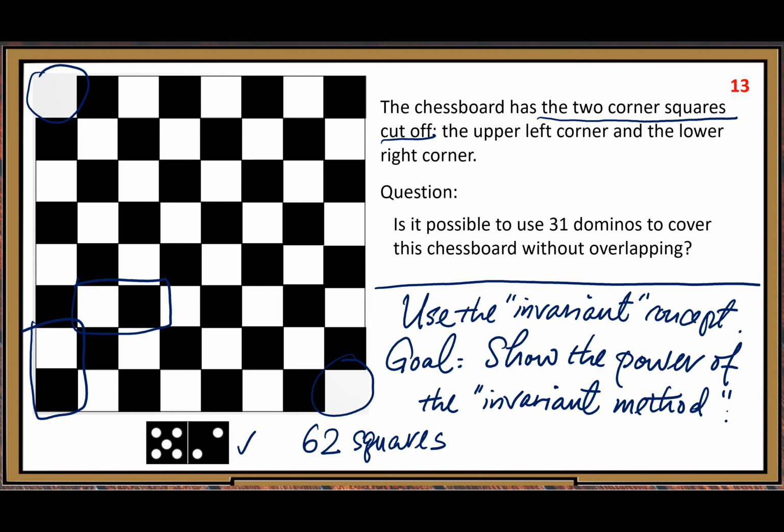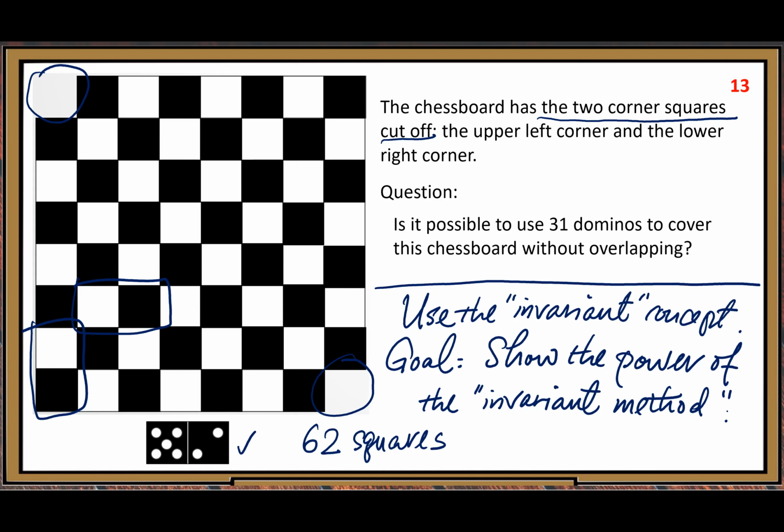Okay? Think about it. Another reason is that we rely on some advanced concept. Here, I treat this invariant concept as an advanced concept. We rely on it because this chessboard is pretty complicated.